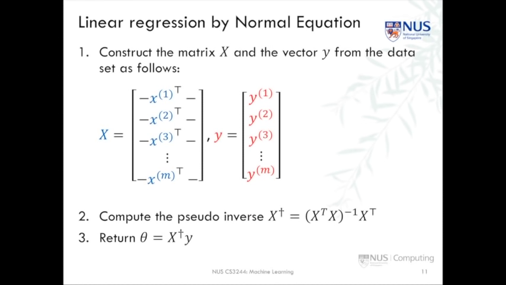So now we've come to a closed form solution for linear regression, and this is how it works. The first step is to construct the matrix X. We're going to stack all of the examples on top of each other, and we're going to build the vector y from the first ground truth all the way to the nth.